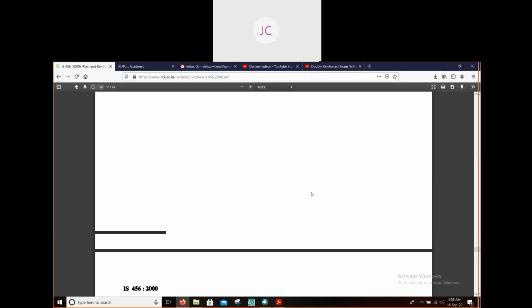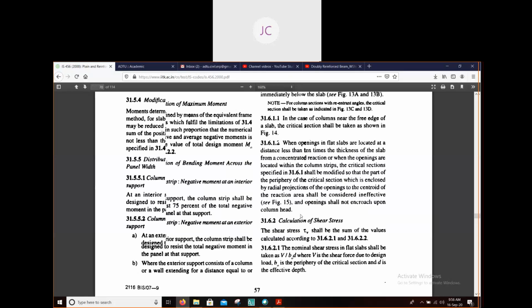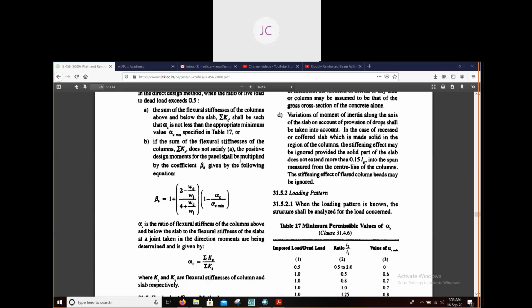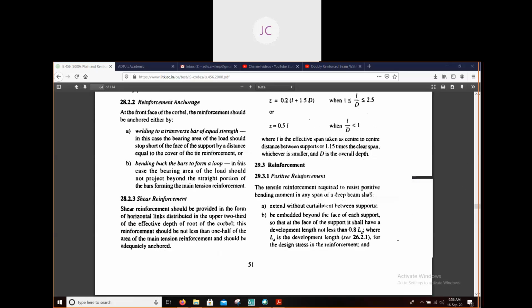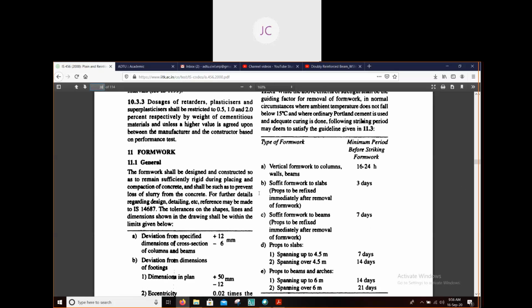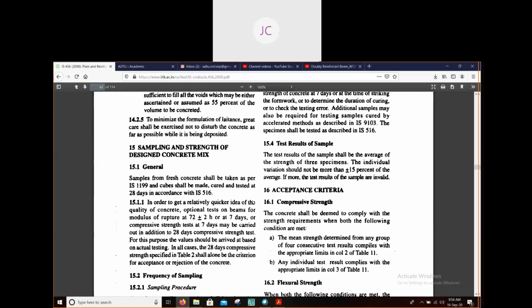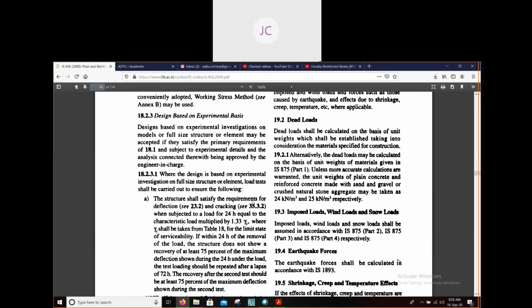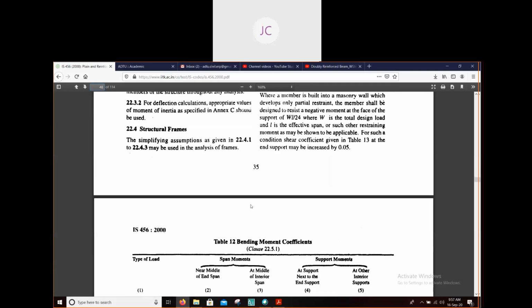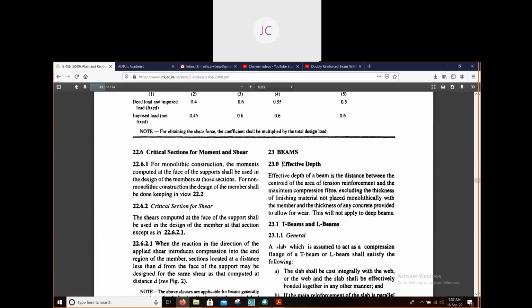Go to IS 456. Go to clause number 23 from IS 456.